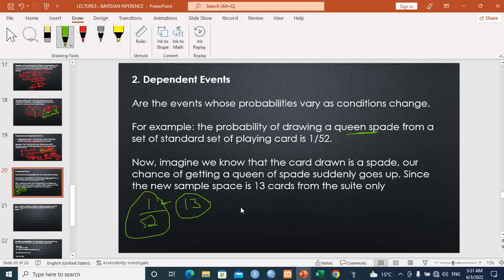What is the probability of getting a queen of spades? Our sample space has changed. It is no longer 52, the entire deck. It is now 13. So the probability of getting a queen of spades has increased. In fact, it will be 1 out of 13.